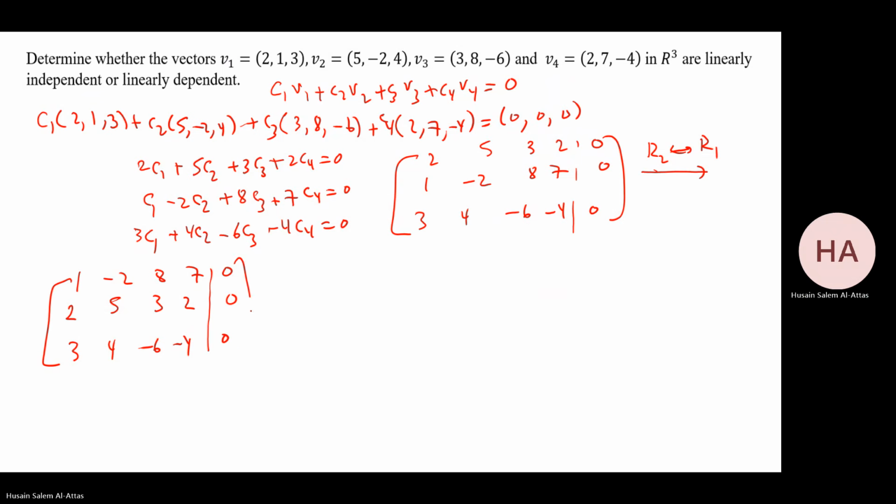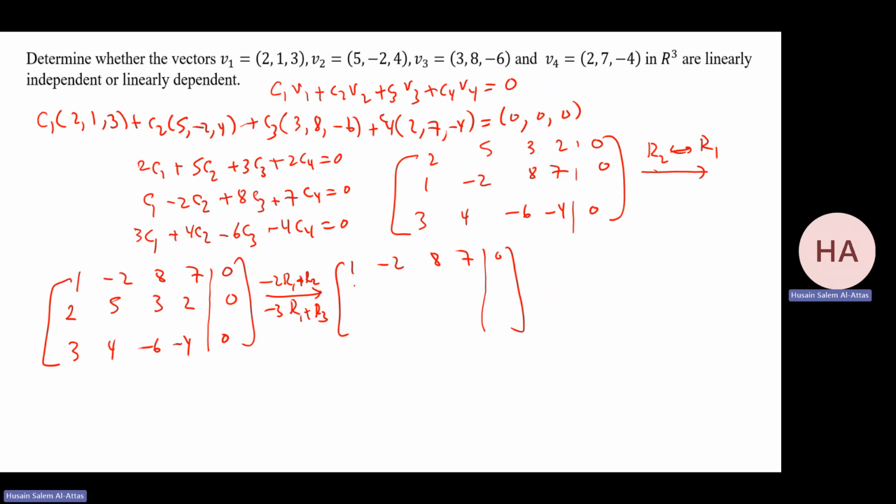Okay. That will give me what? Now, minus 2 R1 plus R2, and minus 3 R1 plus R3. You'll get what? 1, minus 2, 8, 7, 0. Multiplied by minus 2, this will be 0. Multiply by minus 2 and add, that will be 9. Multiply by minus 2 and add, it's minus 16 plus 3, that will be minus 13.